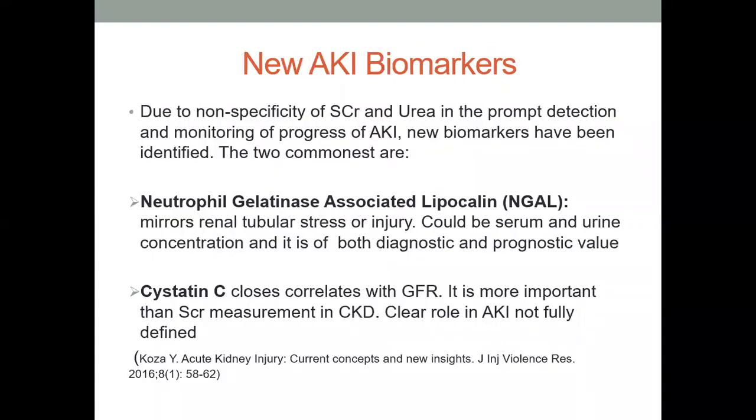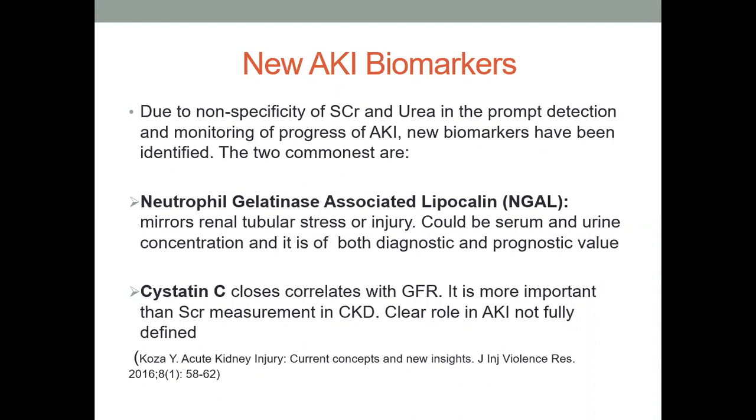Now, studies have been ongoing to look at new biomarkers for AKI that may aid in prompt detection and monitoring of progress of AKI. And the two commonest ones, as at the time I prepared this lecture, are the NGAL, the neutrophil gelatinase-associated lipocalin.